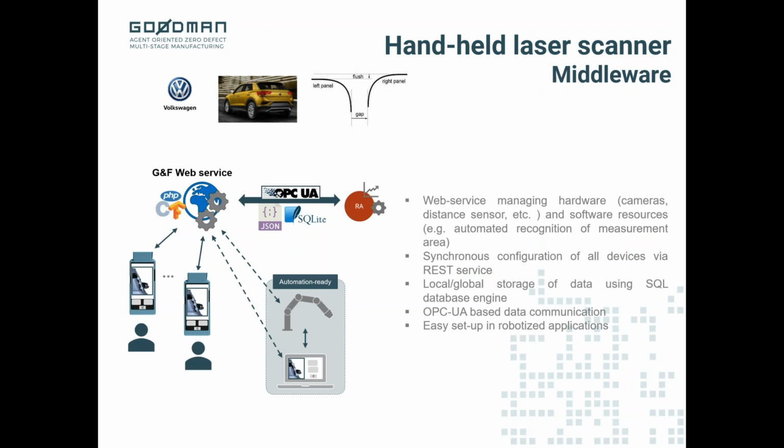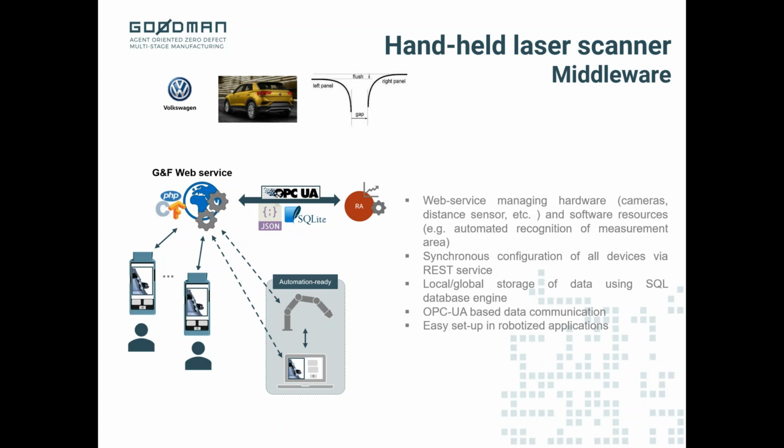In terms of middleware, the system is based on a web service which manages the hardware, so cameras, distance sensor, etc., and some software resources, for instance, the automated recognition of the measurement area.